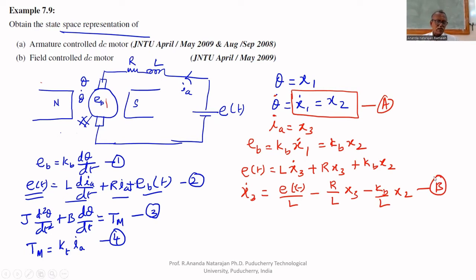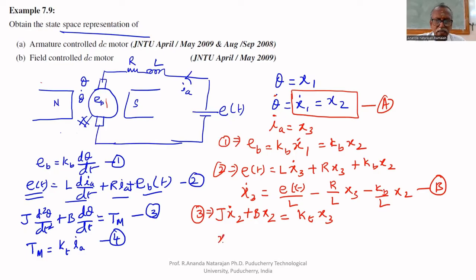We have to find x2 dot. x2 dot can be obtained from the third equation. J x2 dot plus B x2 equal to T_M. T_M equal to K_T I_A, and I_A is x3.